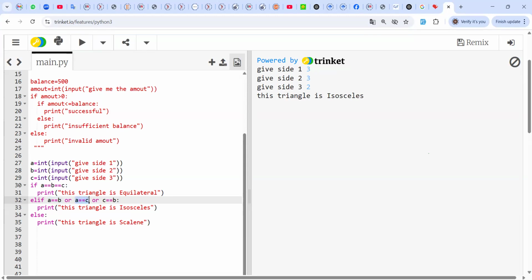This one is false and this one is false, and the whole result, true or false, is going to give us true, and that's why we see this message on our screen. Okay guys, are there any questions?